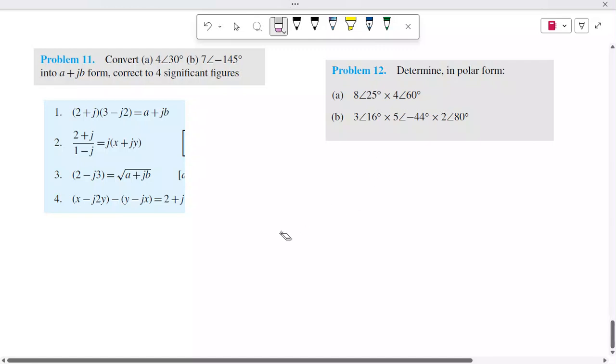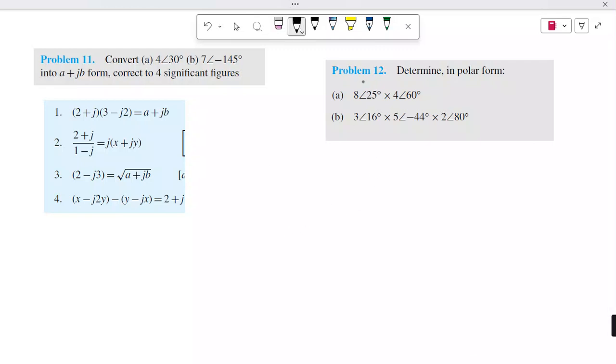So let's start with problem 12. We have 8 at an angle 25 degrees, multiplied by 4 at an angle 60 degrees. For those who don't know, 4 is r.